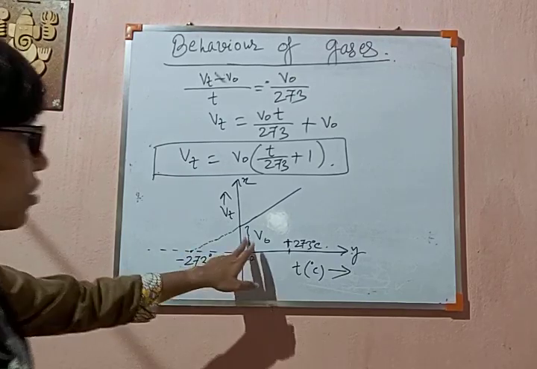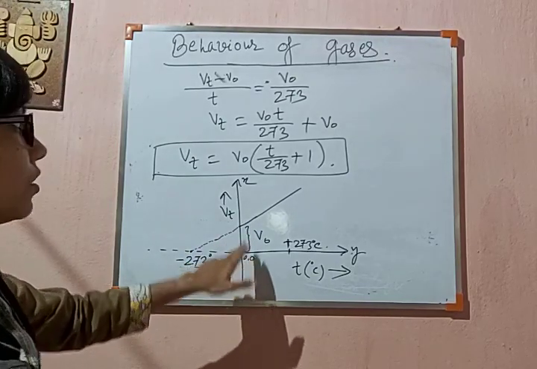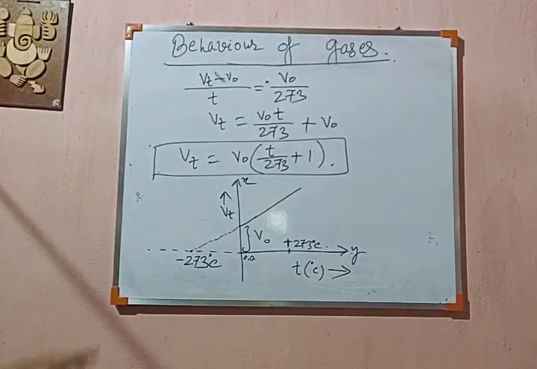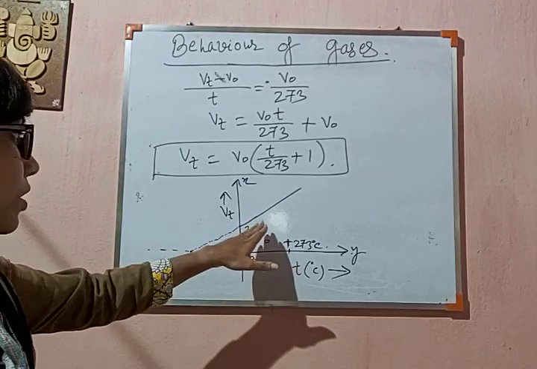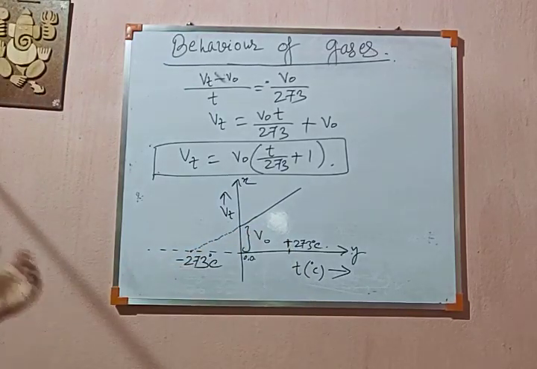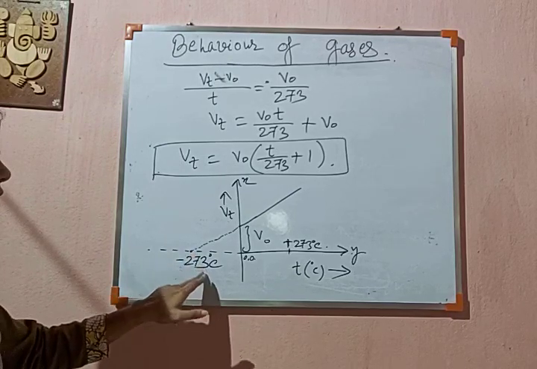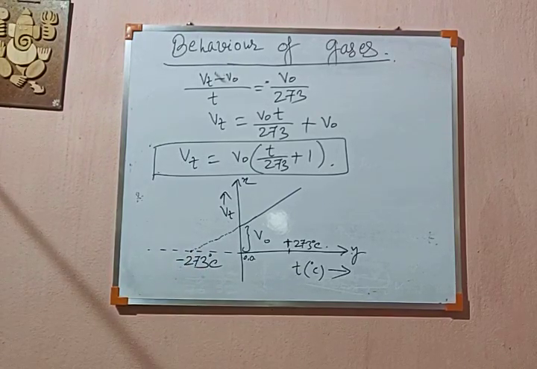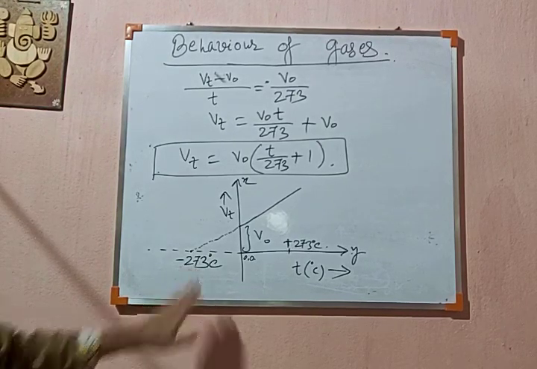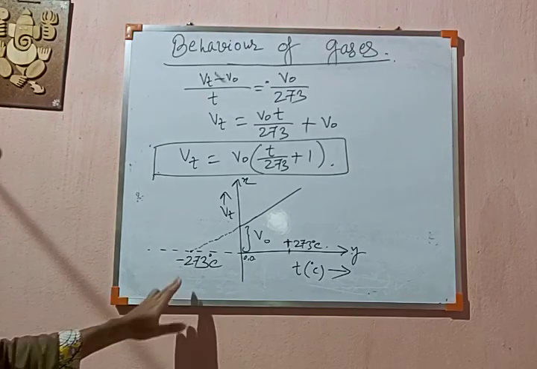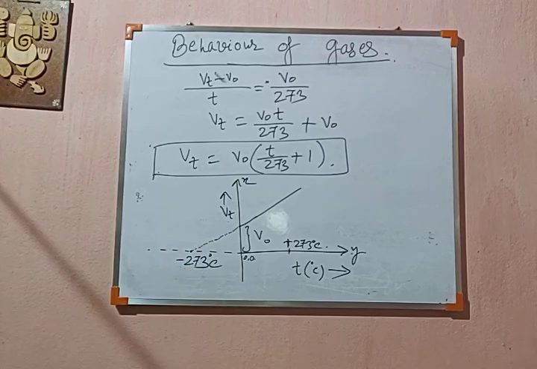This intercept gives the volume at 0 degrees Celsius. When we produce the graph backward in the negative region, we get minus 273 degrees Celsius, which gives the idea of the Kelvin scale. In the Kelvin scale, this is the zero, known as absolute zero temperature.